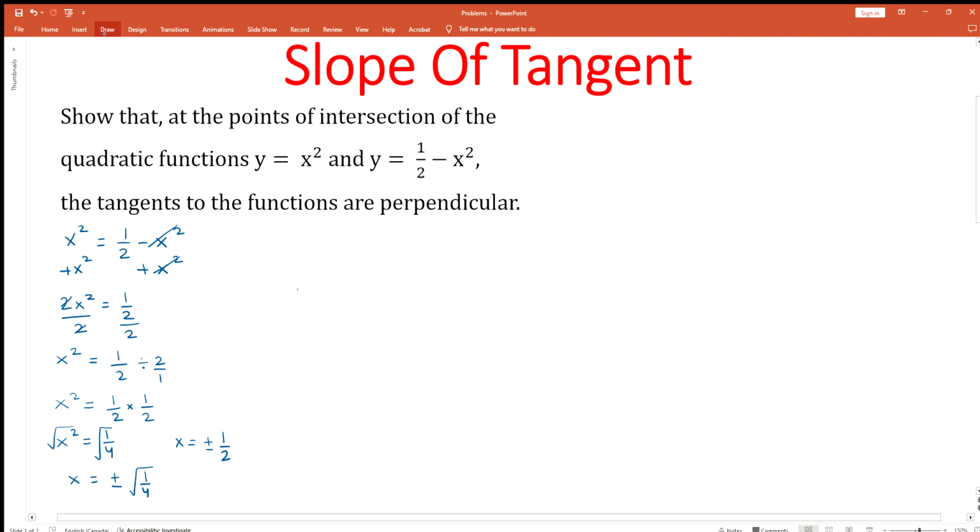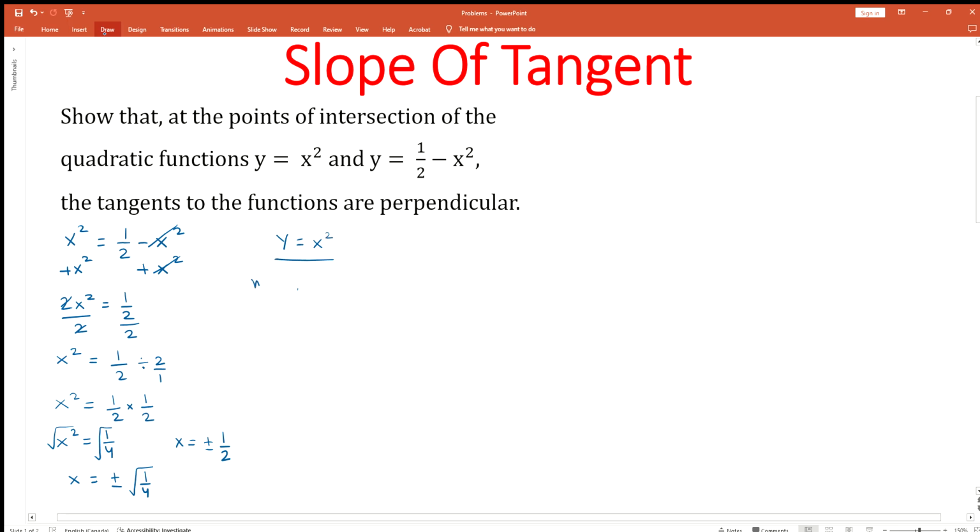Next, we should find the expressions for slope of tangent to the two given quadratic functions using the first principle or the limit formula for slope of tangent. Let's start with y equals x squared.